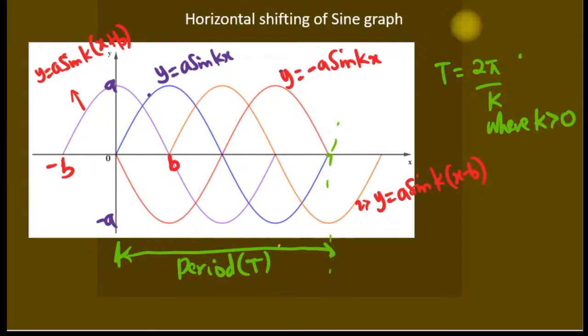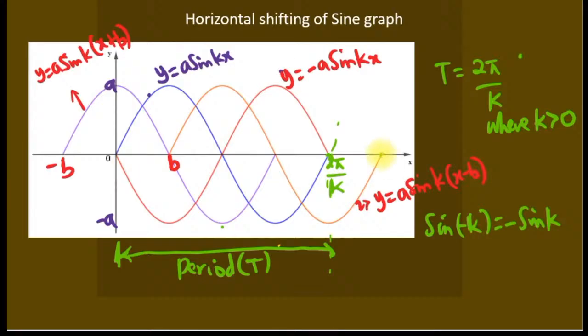Or if it's a negative number, we use a property. That's odd function property, that's sine negative k is now minus sine k. So we use that property. And also, since one complete period is 2 pi over k, I'm saying that here is 2 pi over k. Why this one? Remember, we shifted this one b units to the right.